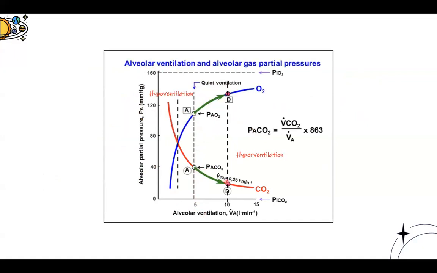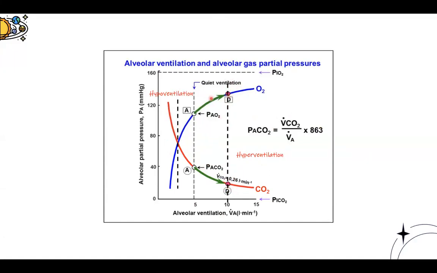Now, if I increase alveolar ventilation, according to our equation, we decrease PaCO2, and that's what happens. Your PaCO2 decreases and your PaO2 increases, because you're taking in more oxygen. With hyperventilation, when your ventilation is super high, you're going to have very low PaCO2.